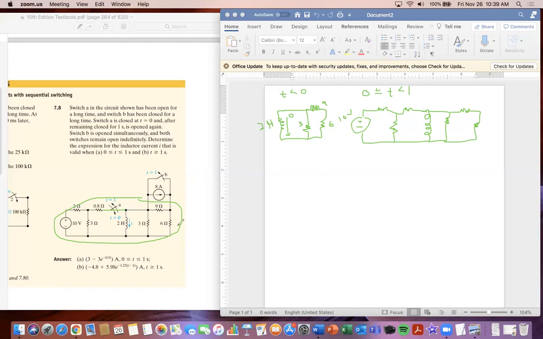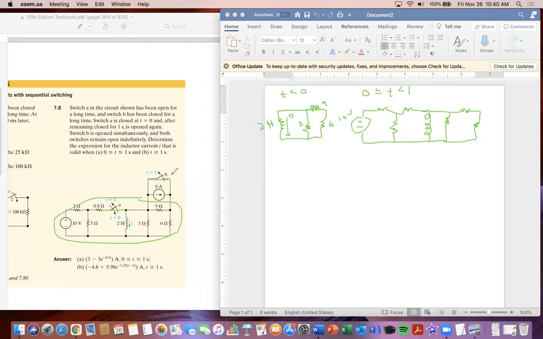So then here, wait, it'd be a short actually. Let me pull this. This is a good one. All current goes for the shorts. Okay, yeah, because this is a short here, what that's going to do is the equivalent resistance of all this.